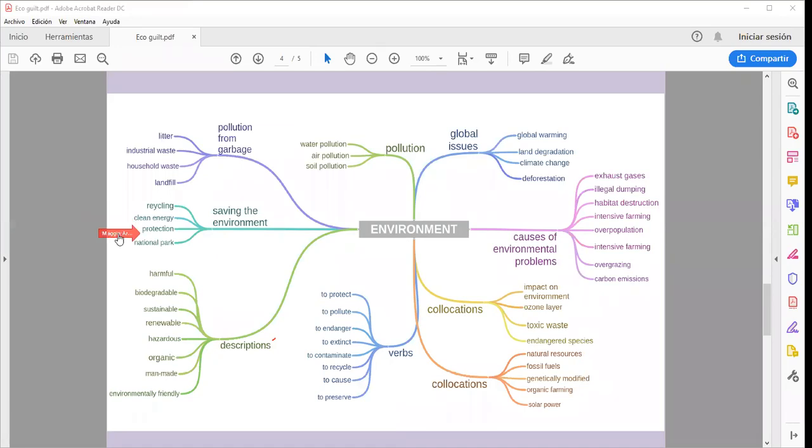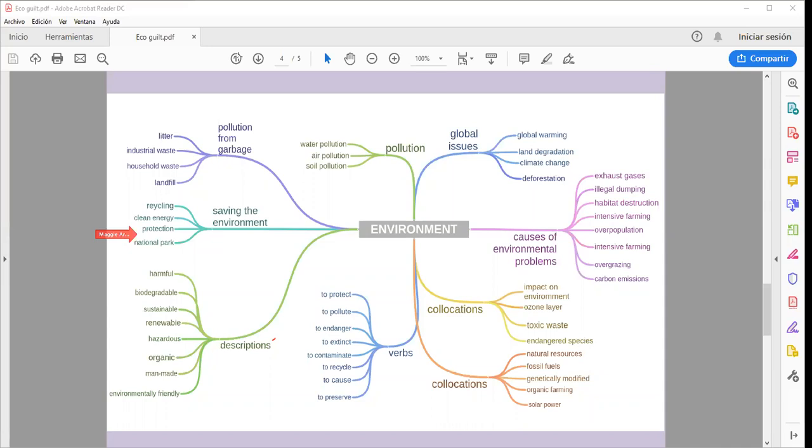Here we said also protection, environmental protection, and national park. What is national park? Could you mention any national park? What about Nora? Nora, could you talk to us about any national park? I don't know. No?